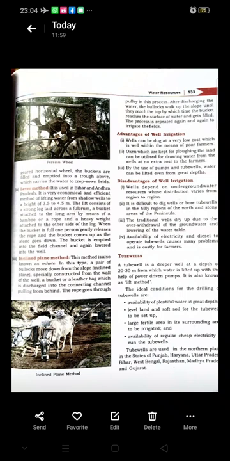It is difficult to dig a well in the hilly region of the north and the stony areas of the peninsula. Lots of effort is required to draw water from the well.